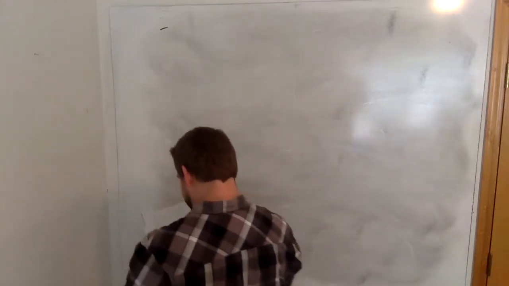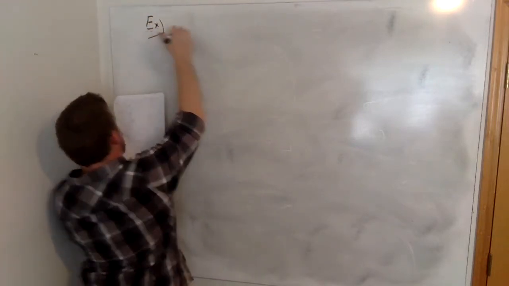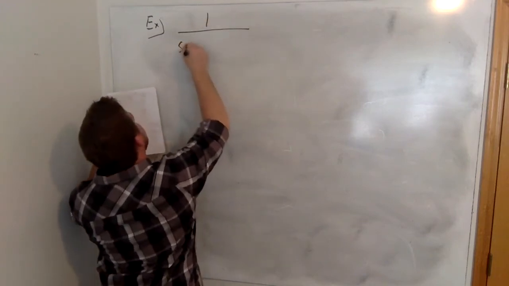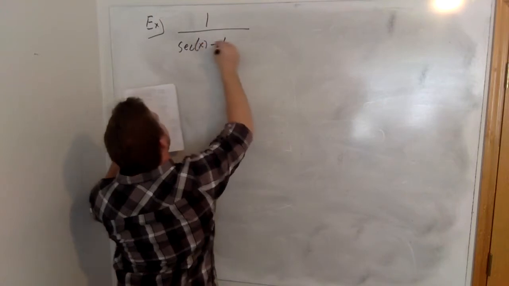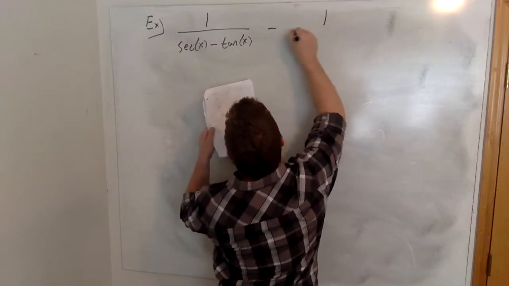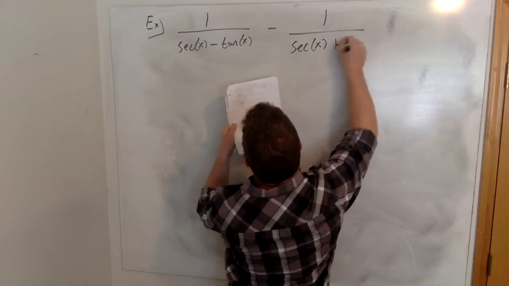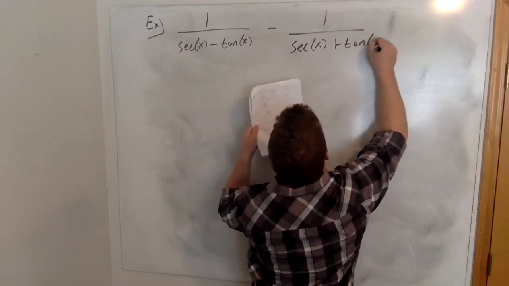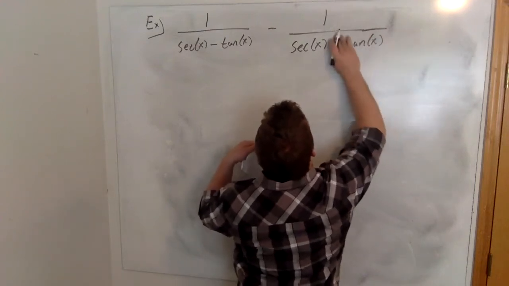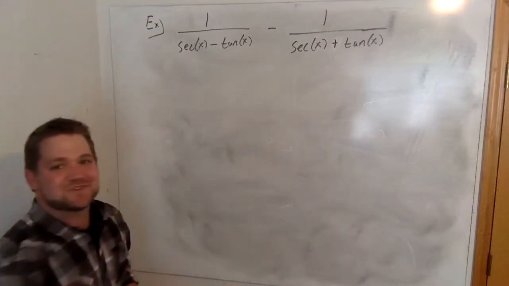Let's say we want to simplify 1 all over secant of x minus tangent of x, and then we want to subtract 1 over secant of x plus tangent of x. Oh, this looks spicy. But who doesn't love a little spice in life. Go ahead, pause the video, give this one a shot.